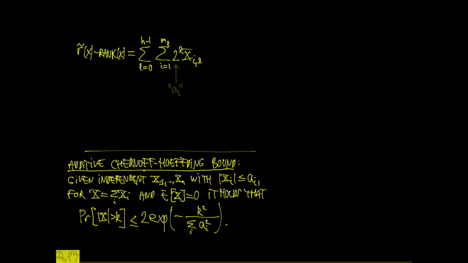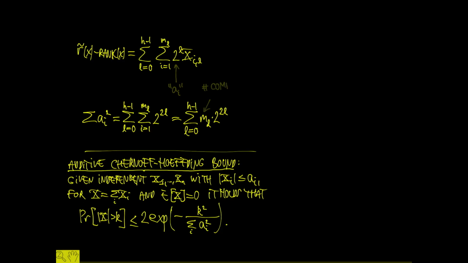Now let's go back to the sum we wanted to bound. Here the 2 to the L takes the role of AI in the lemma, so we need to bound the sum of all the AI squares. That's this sum where we have 2 to the 2L in each term, and we can rewrite this as ml multiplied by 2 to the 2L. Remember ml is the number of compaction operations.